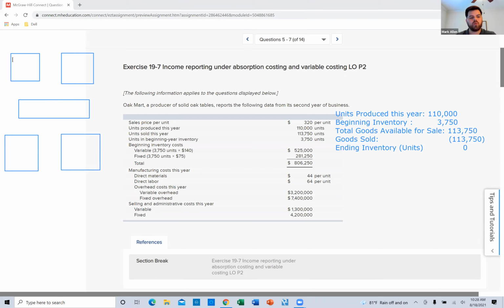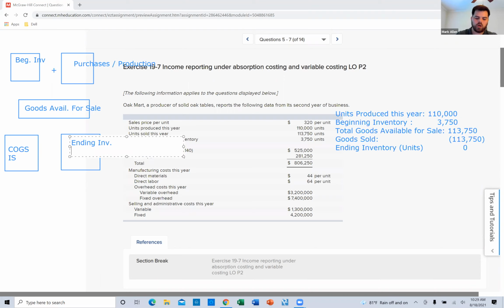Back then we said, what we do is we start with beginning inventory. We add to that, so plus any purchases or production. And that gives us goods available for sale. And then that splits out into either cost of goods sold, which goes on the income statement, or ending inventory, which goes on the balance sheet.